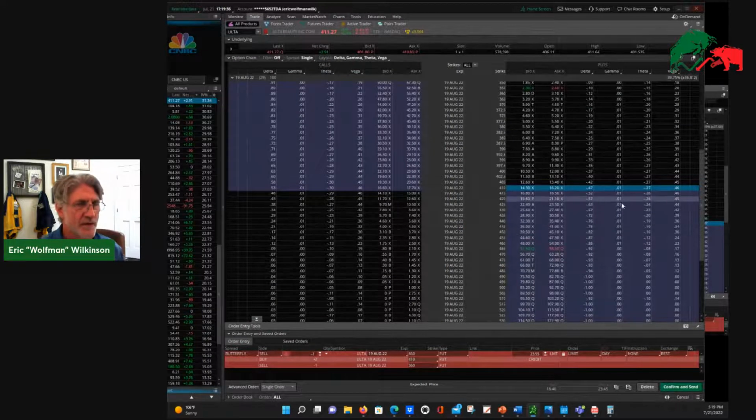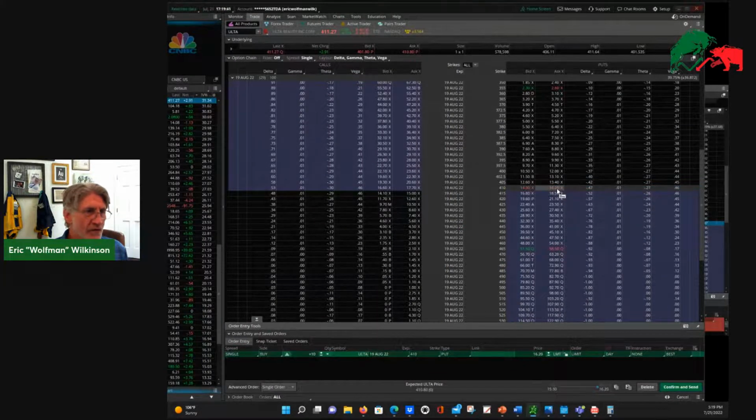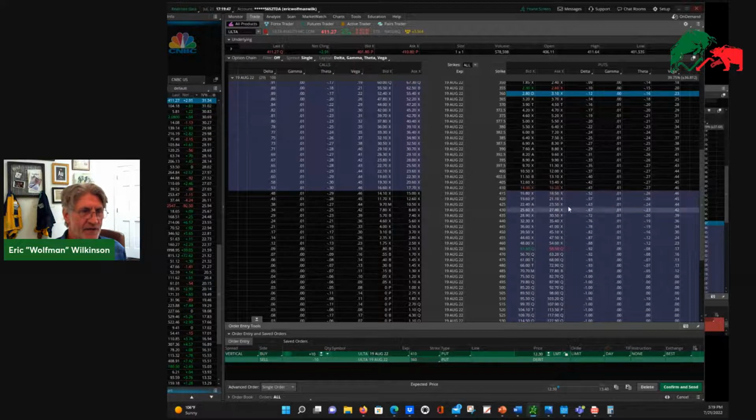So for instance, let's go back to this because some people might look at it a little differently. So this, right? I bought a put and then I sold that put. That is your long put spread. I pay a debit for it. I'm paying $12. So if this underlying falls out of bed and goes down to that 360 level, this long put spread is the one that is going to make me the money, right?